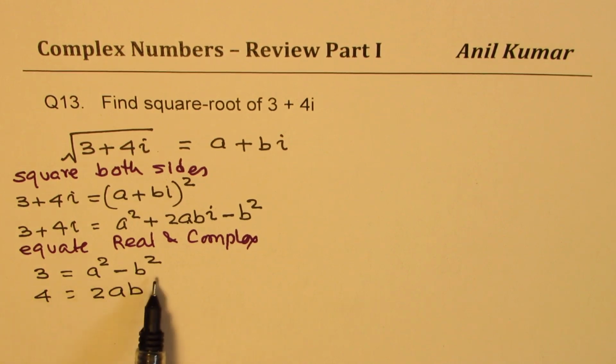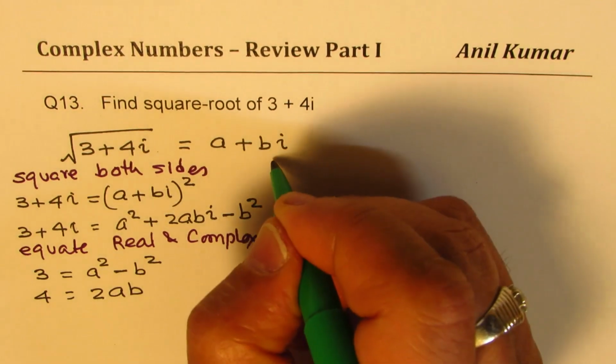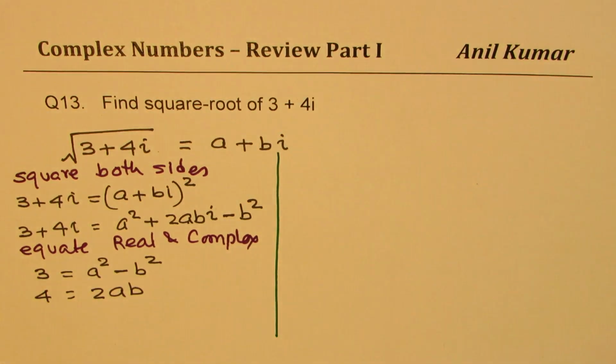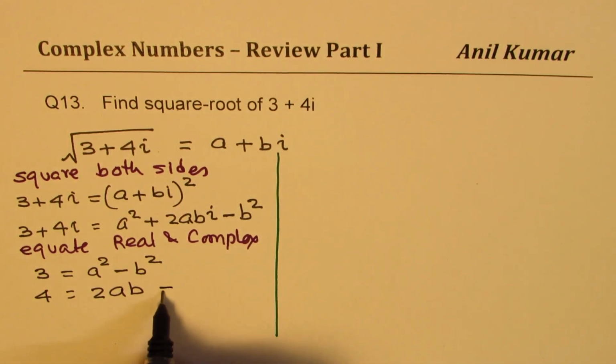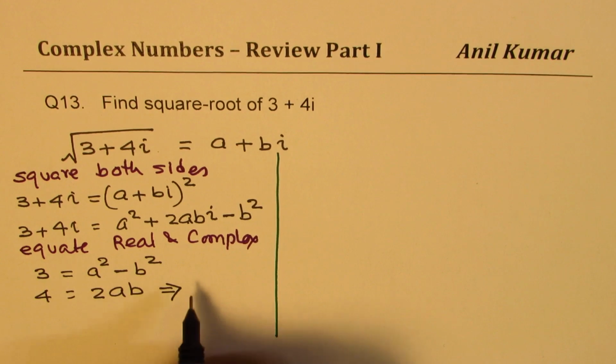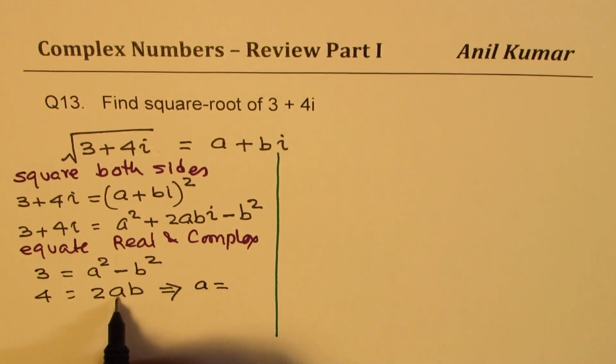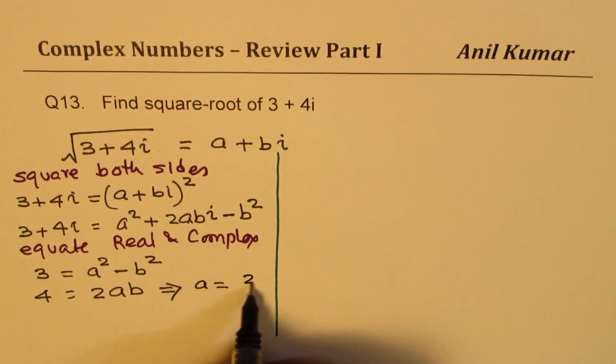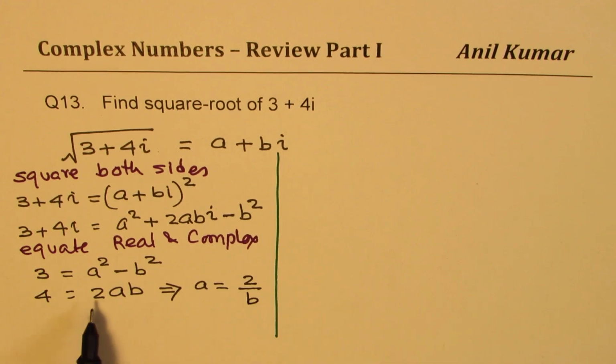So we know the difference of a square and b square is 3 and 2ab is 4. Now that should help us to solve the equation further. So from here we can see what a is, right? So this implies that a is equal to 2 over b, correct? Dividing by 2b, we get a is 2 over b.